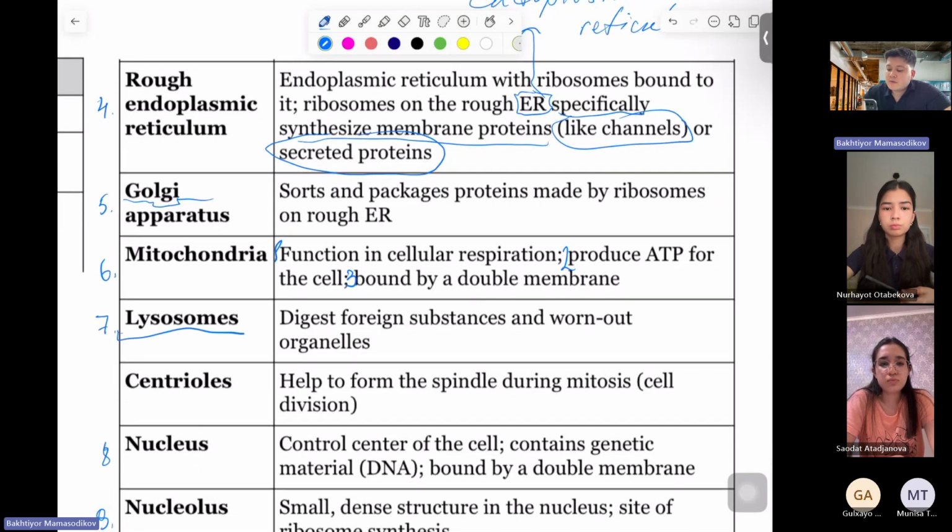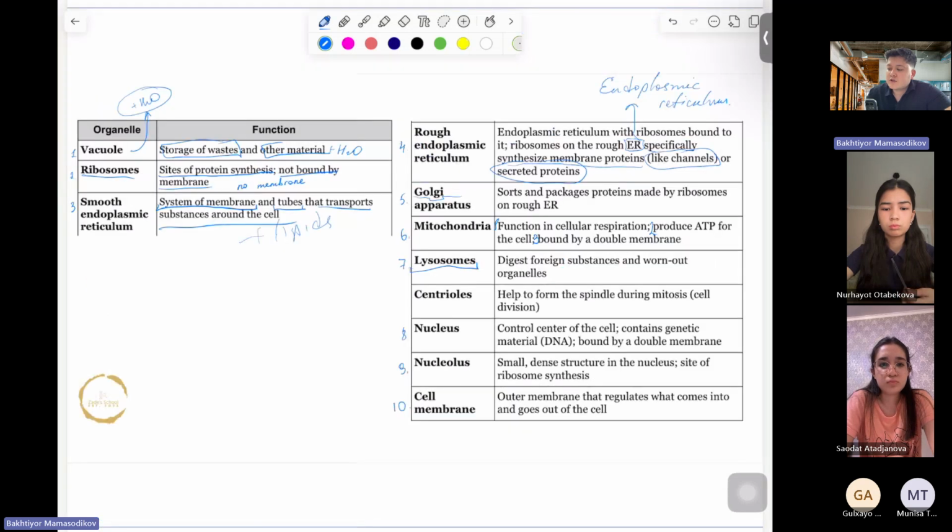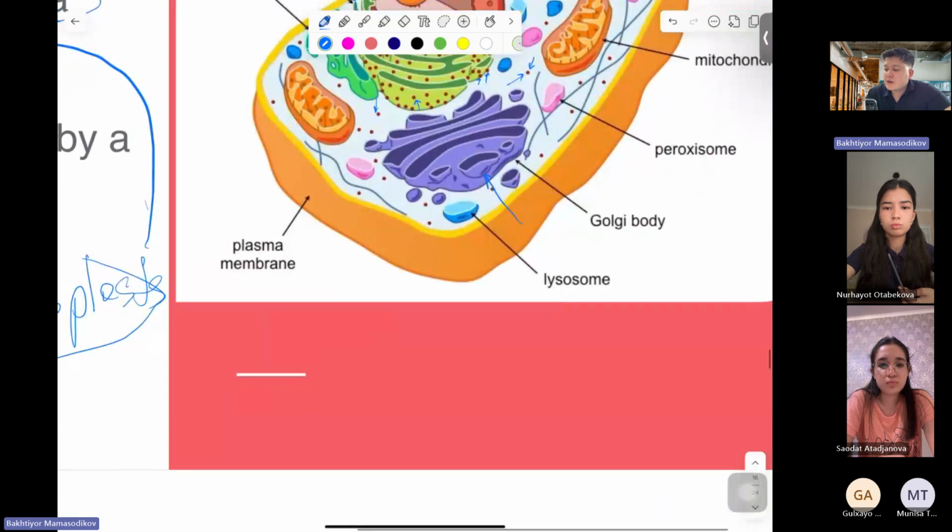And we have the lysosomes. What's the function of the lysosomes? Here you can see the lysosome. Its main function is to kill bacteria and viruses, the pathogenic cells. Also, we have old organelles inside of the cell, and they're going to wear them out and release them outside.